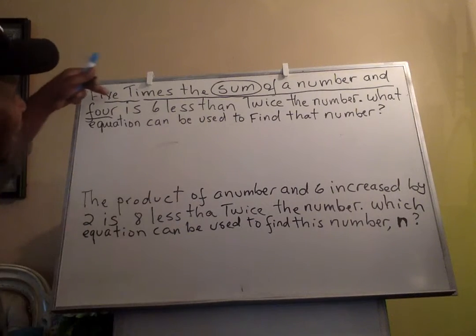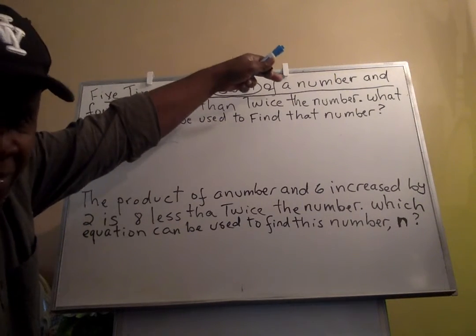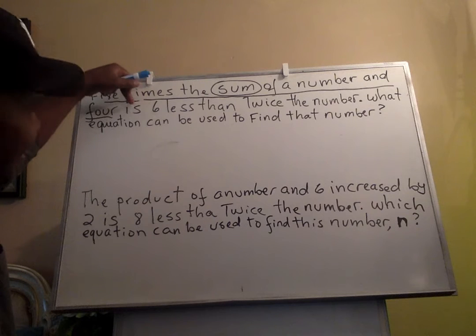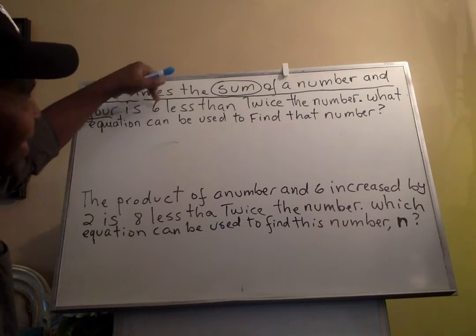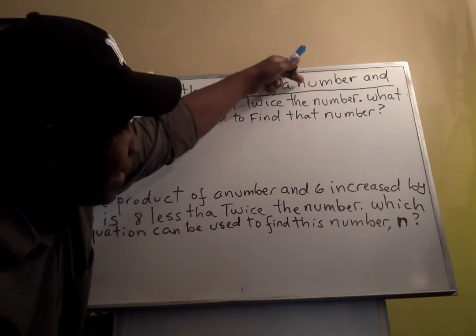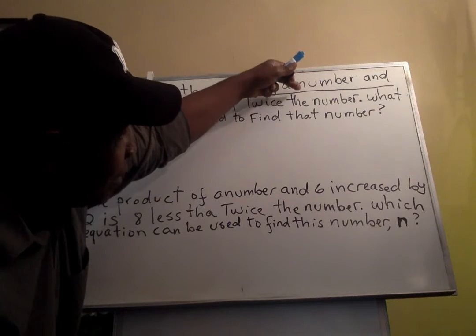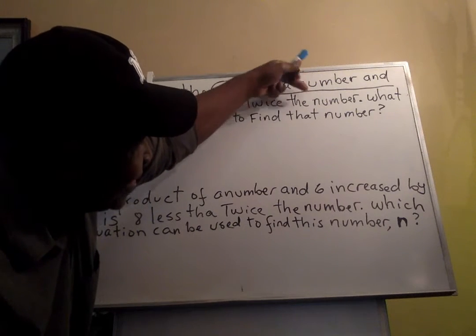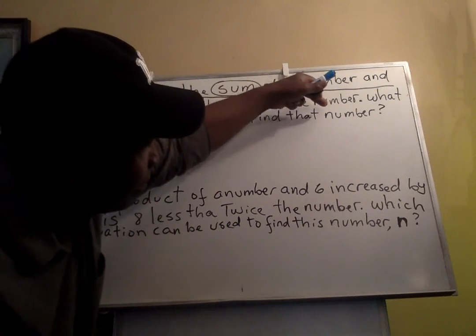But this one says 5 times the sum of a number and 4, which is 6 less than twice the number, that same letter, that number you don't know. It's an unknown, so you use a letter.